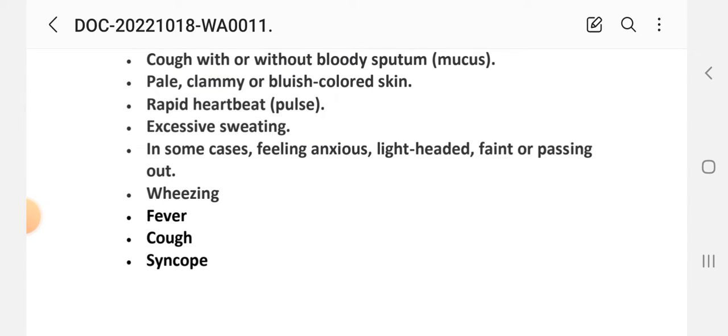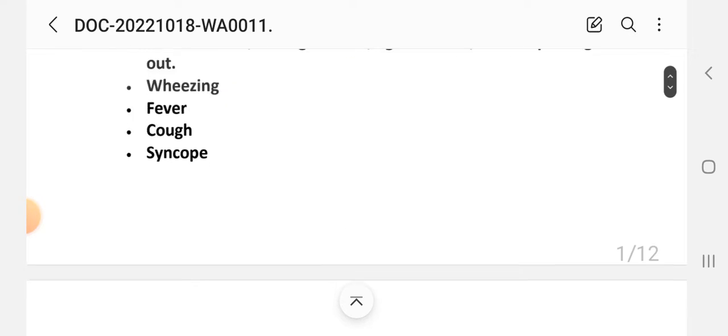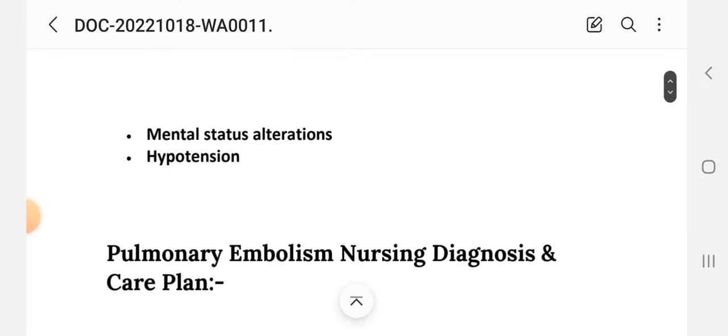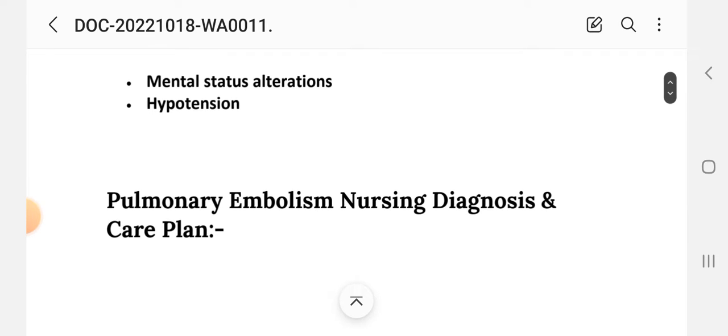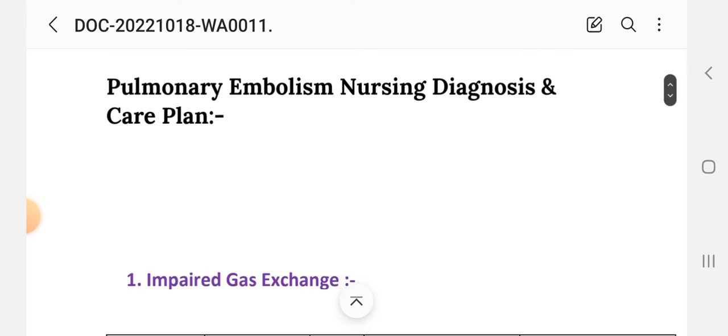In some cases, feeling anxious, lightheaded, faint, or passing out. Wheezing, fever, cough, syncope. These are the defining characteristics, and also mental status alteration, hypotension. On the basis of these symptoms or defining characteristics, we write the nursing care plan and nursing diagnosis.